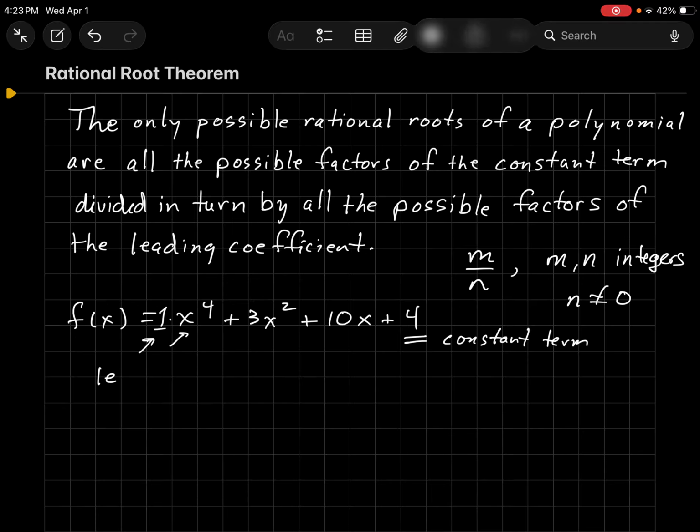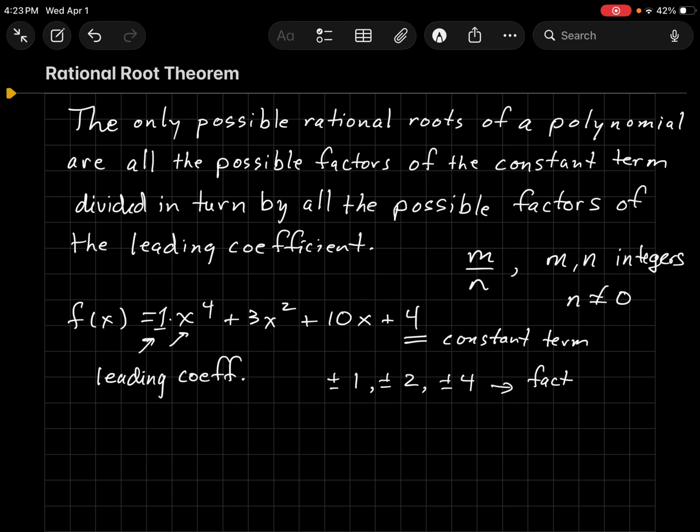That's my leading coefficient. So what are the factors of the constant term? Well, it's 1, 2, and 4, but it could be either positive or negative. Those are the factors of the constant term.